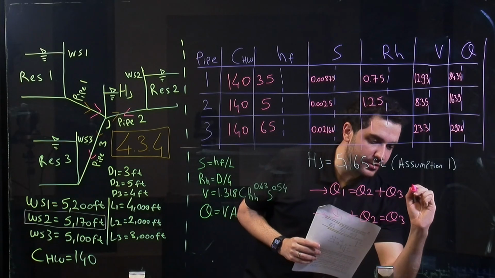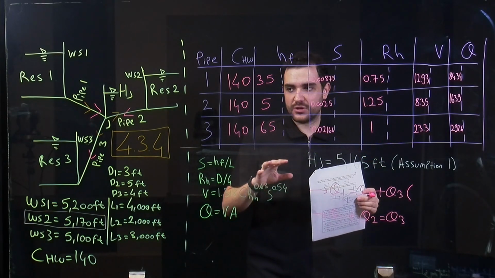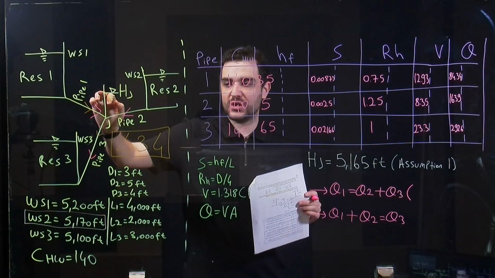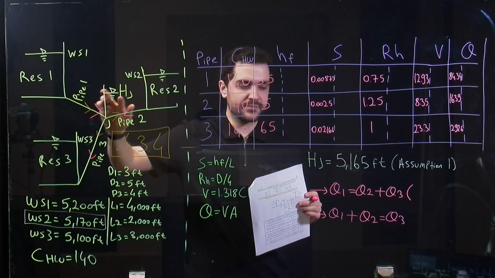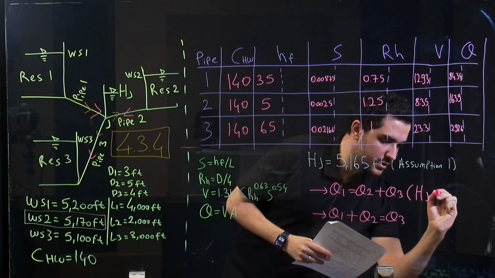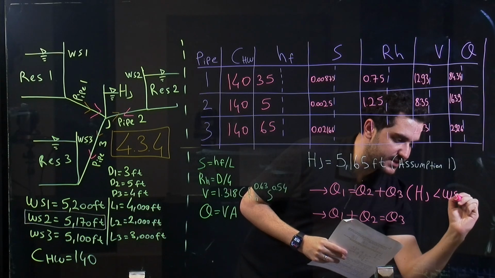And this occurs based on a condition: the elevation of the water surface at the junction compared to water surface 2.